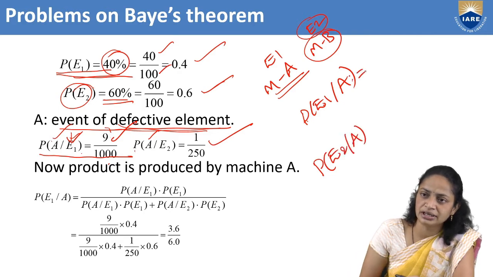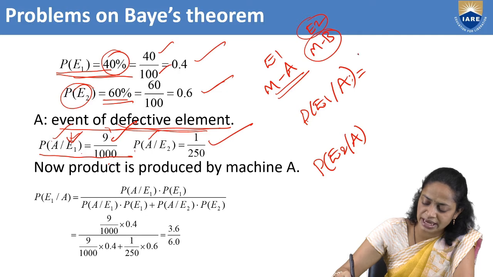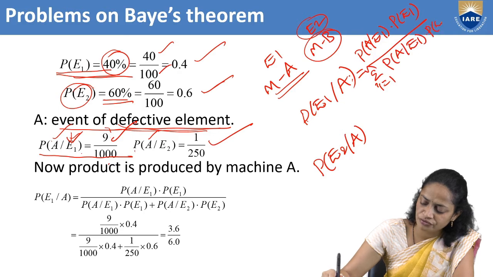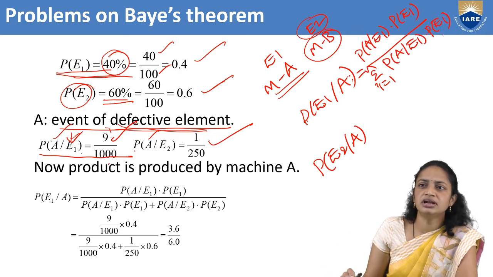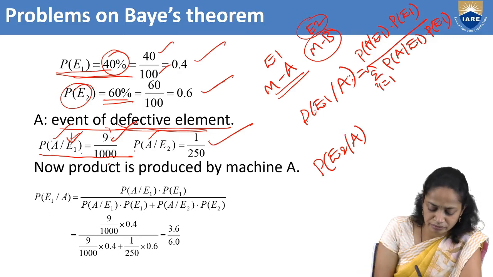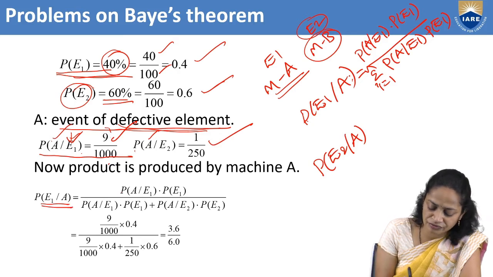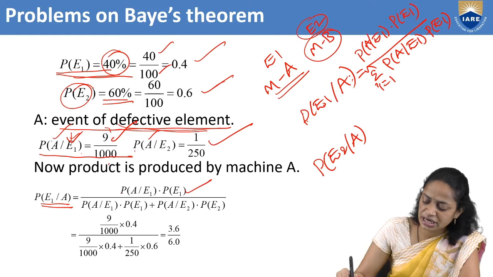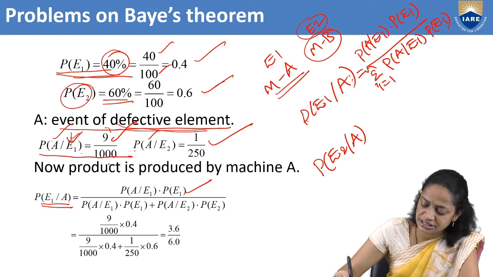Probability of E1 given A equals, by Bayes theorem, P of A given E1 into P of E1, divided by the summation over i equal to 1 to n of P of A given Ei into P of Ei. So this is our Bayes theorem formula. How many machines are there here?